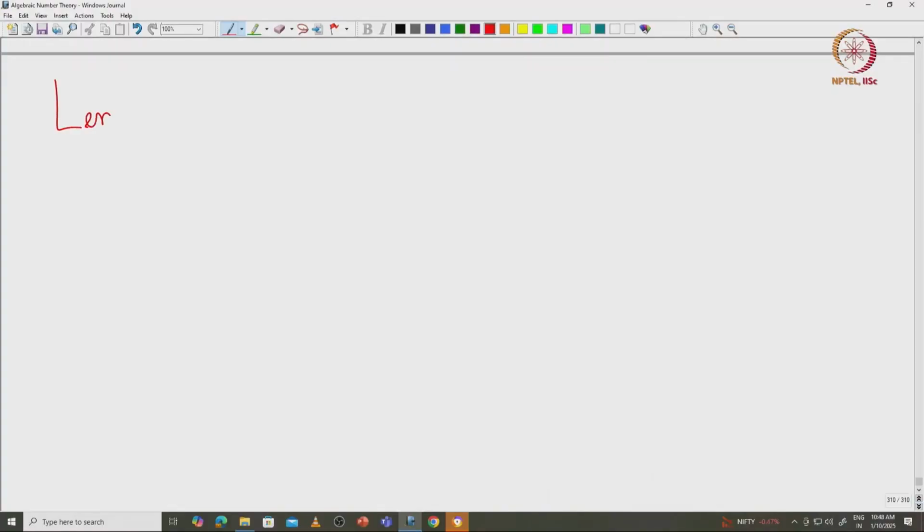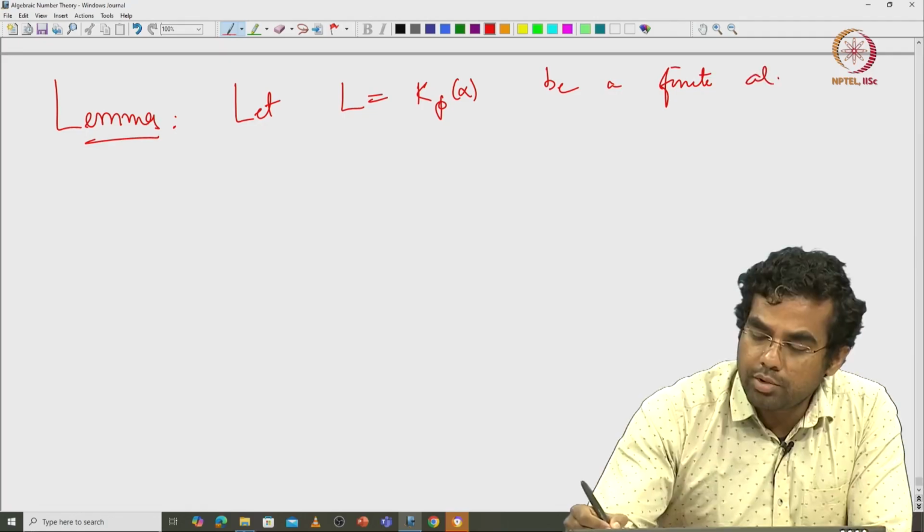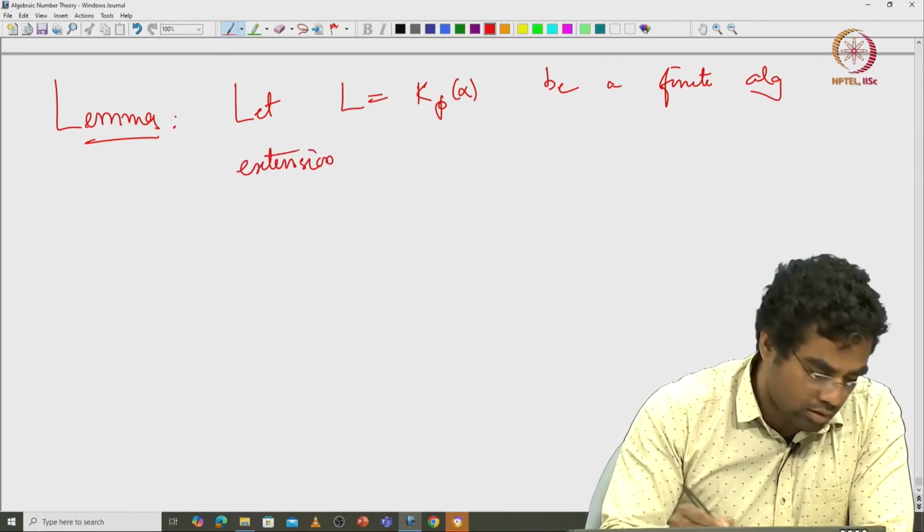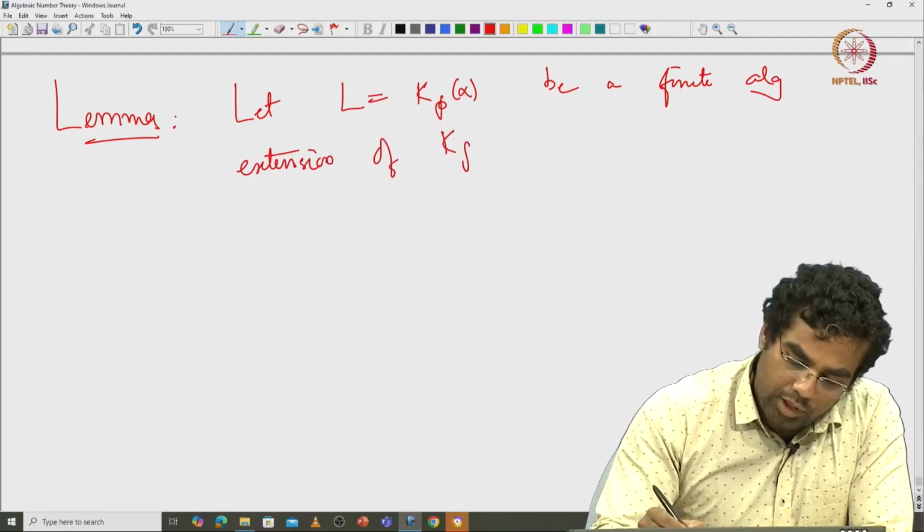So, here is a lemma. Let L be K_P of alpha, a finite algebraic extension of K_P.